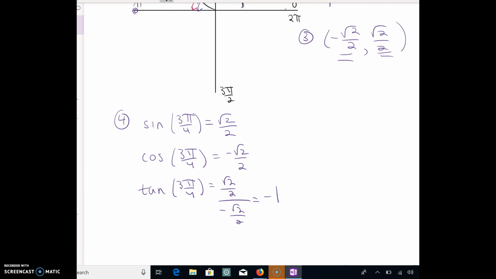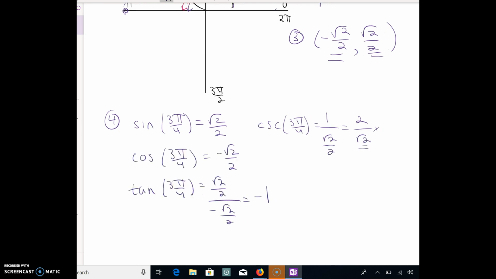Let's do cosecant, secant, and cotangent. So for cosecant, cosecant is 1 divided by the y value, and 1 divided by the square root of 2 over 2 is the same thing as 2 over the square root of 2. It's the same thing as taking the reciprocal. Notice here that we have a radical in the denominator and that this is not in simplified radical form.